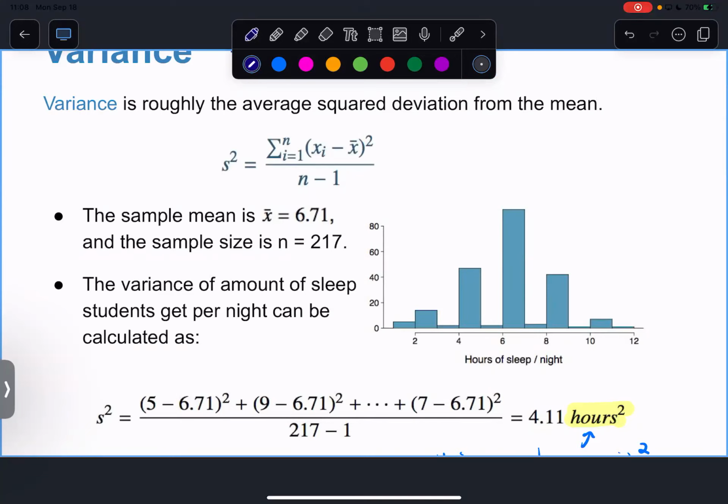And so we broke it down last day and we said, okay, each observation xi, right? x1, x2, x3, x4. What I do is I look at the distance from the mean. Remember, the mean is denoted by x bar. Anything with a bar over it is a sample mean.